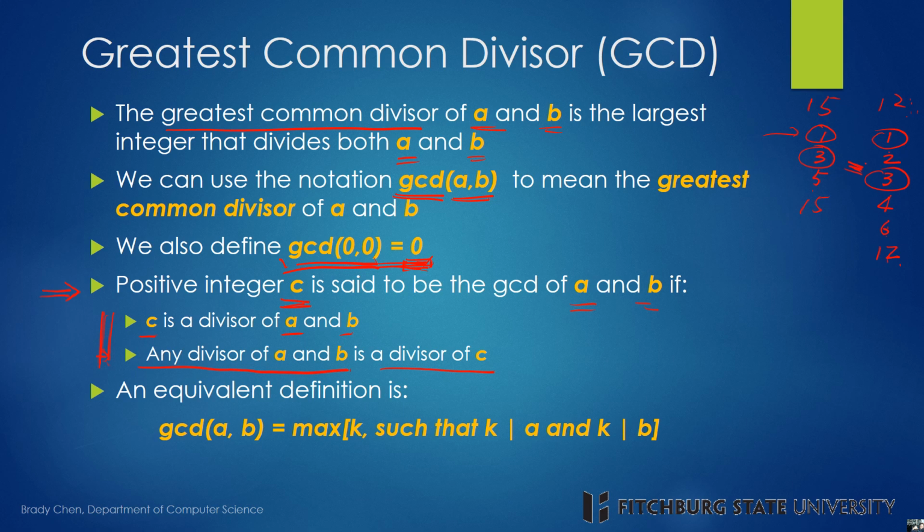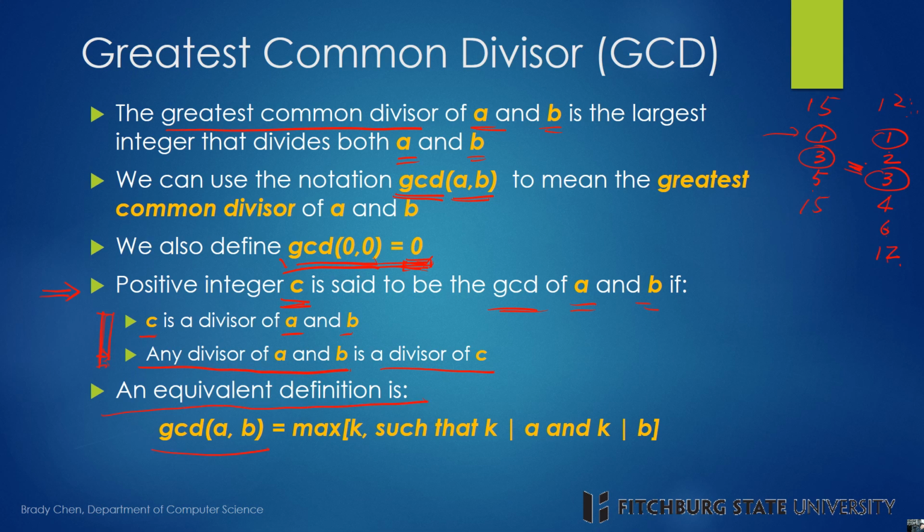Then c is the greatest common divisor. When we think about this, it looks like it should be true, right? And it is true. We can actually prove it, but at this moment, we just list this as another definition for the greatest common divisor.